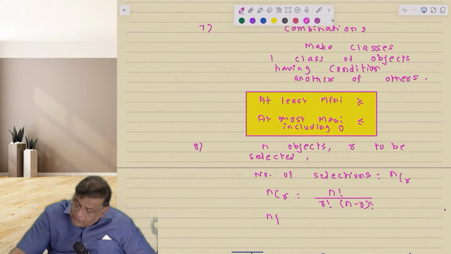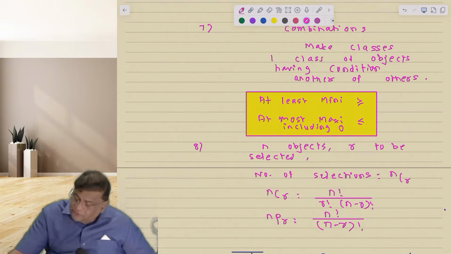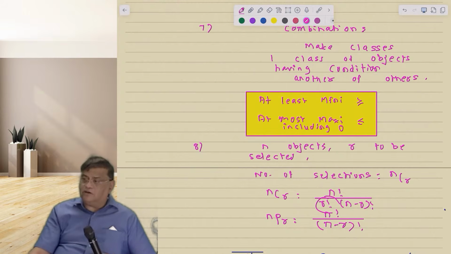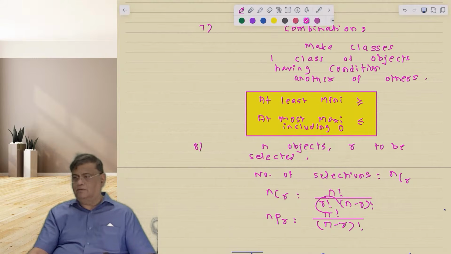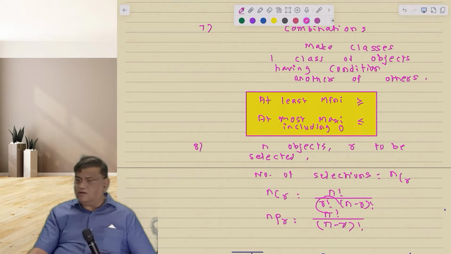Mind you well, NPR was n factorial over n minus r bracket factorial. So this r factorial in the denominator is an extra factor in NCR. Clear? Formula NCR is n factorial over r factorial n minus r bracket factorial, whereas NPR is n factorial over n minus r bracket factorial.